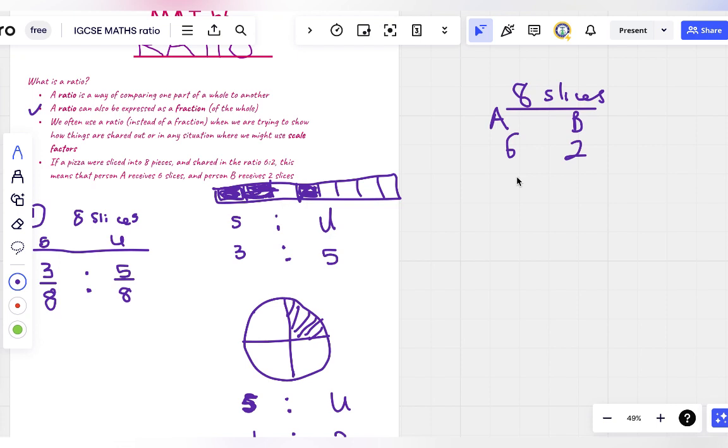So if we share this in the ratio of 6 to 2, then we can reduce this ratio to the simplest form. We can always reduce the ratio to the simplest form.